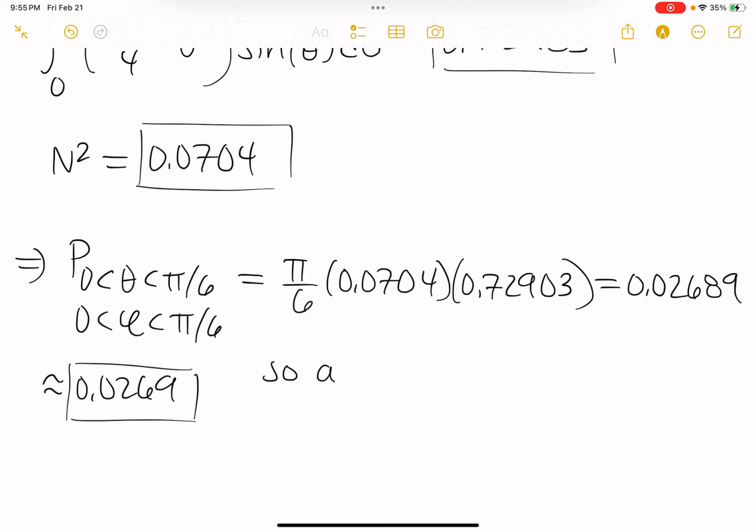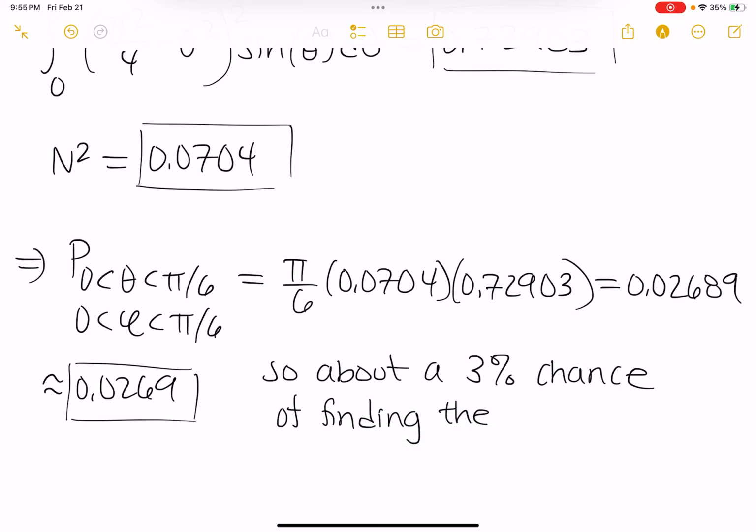So, about a 3% chance of finding the particle in the given region.